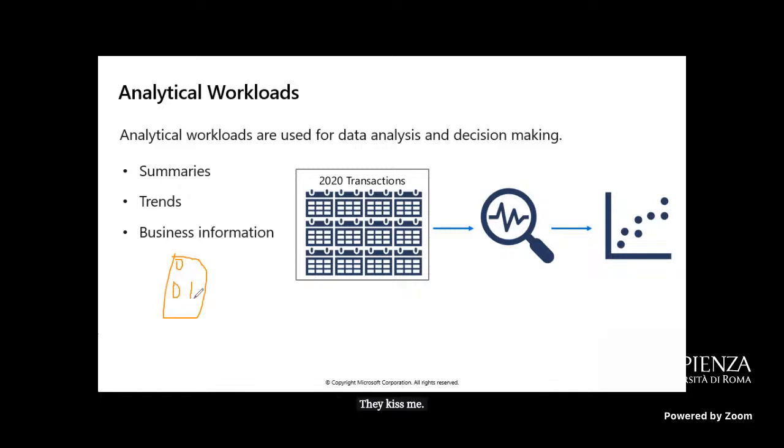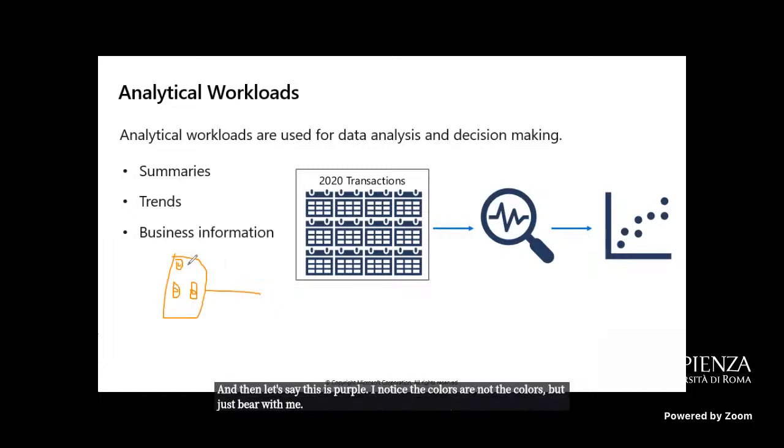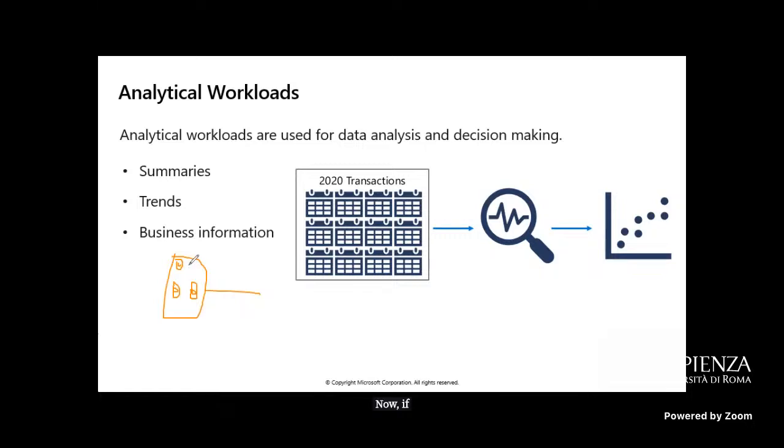Now, you wanted to know how many of these, let's say this is blue, this is red, and this is purple. I know the colors are not the colors, but just bear with me. So if you had so many of these items, let us call this bread and let us call this indomie. You understand? I think it's more relatable that way.